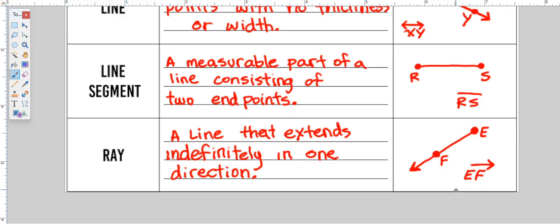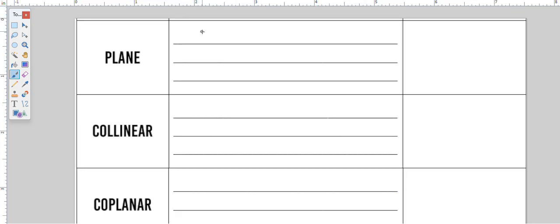All right. Now, let's go ahead. We got to keep moving. We got quite a bit to cover here today. And from a ray, we're going to start thinking about planes. Remember, planes are one of our undefined terms.